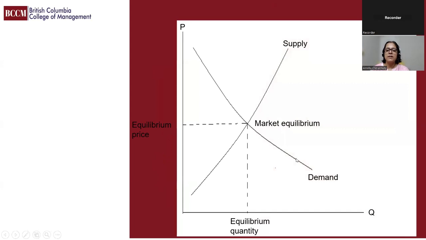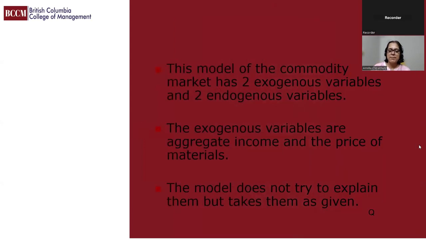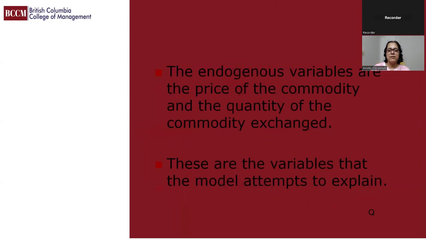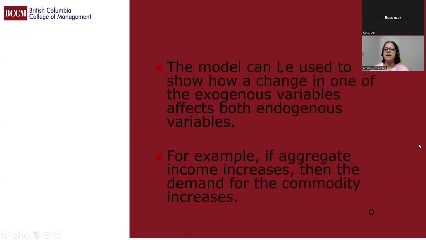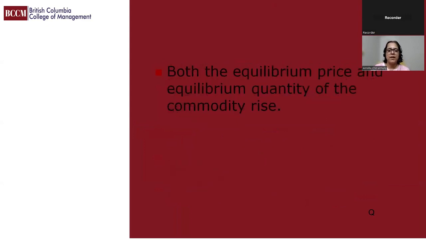The demand curve will shift to the right, supply curve remaining the same, and the equilibrium quantity will increase, and the equilibrium price will also increase, which we will see later. So an increase in aggregate income will lead to an increase in both equilibrium price and quantity.